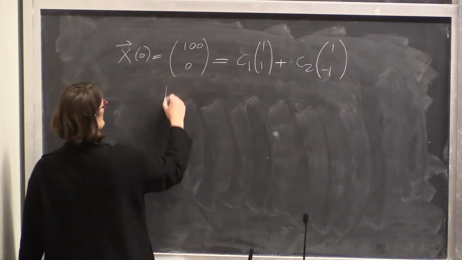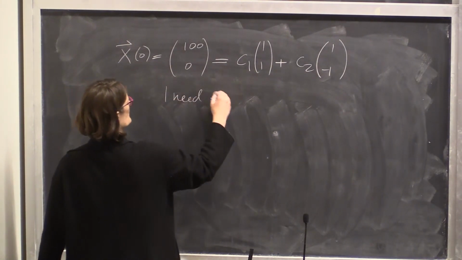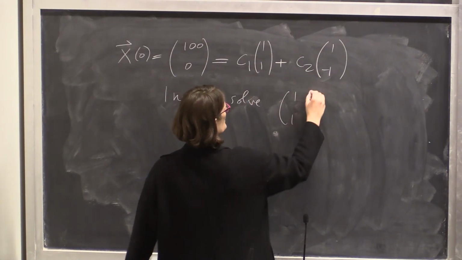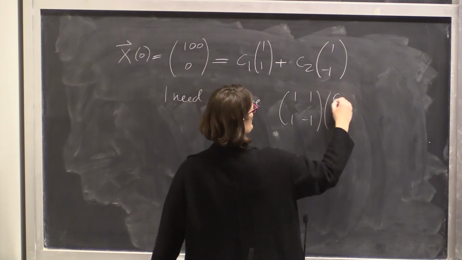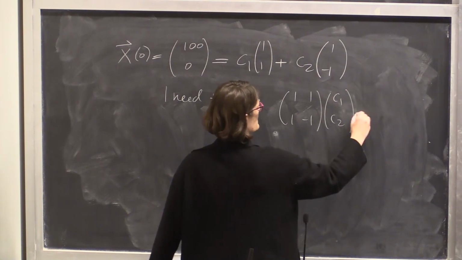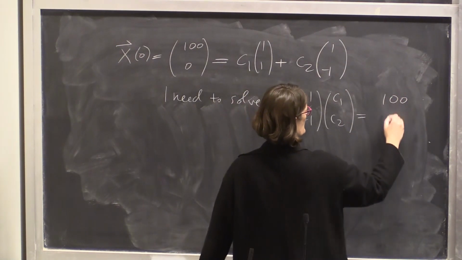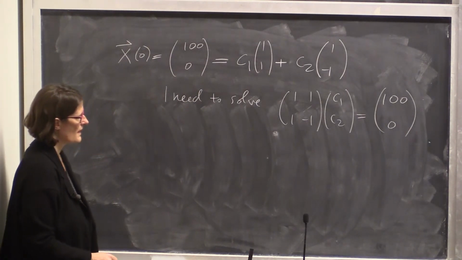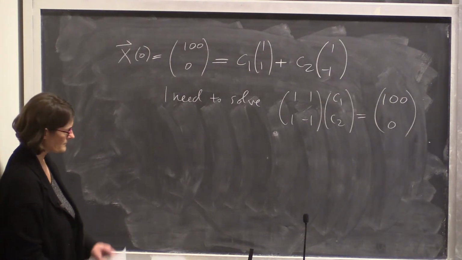So this means I need to solve the matrix (1, 1; 1, minus 1) times (c1, c2) equals (100, 0).